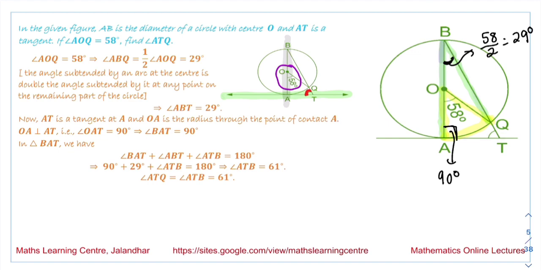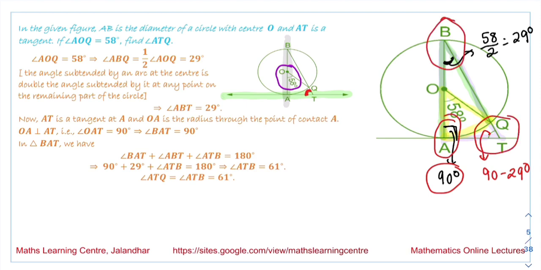Now if we look at the triangle BAT, this angle is 90 degree and the angle at B is 29. We are calculating the angle at T, so it is 90 minus 29 degree, and that comes out to be 61 degrees. So the value of the required angle is 61 degrees.